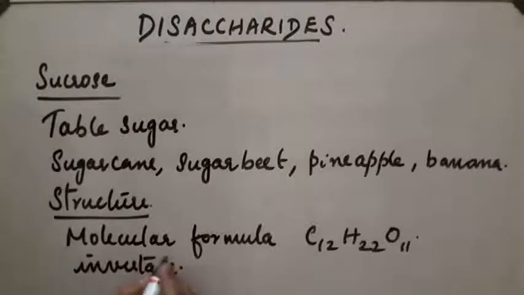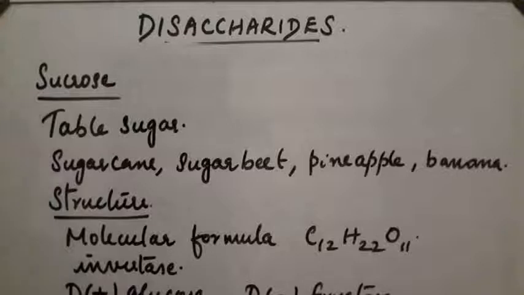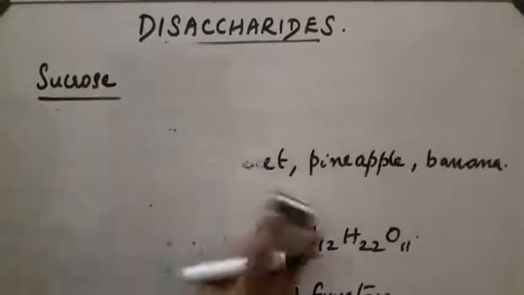In the presence of invertase, sucrose on hydrolysis gives D plus glucose and D minus fructose. An equimolar mixture of D plus glucose and D minus fructose is obtained. See the reaction.